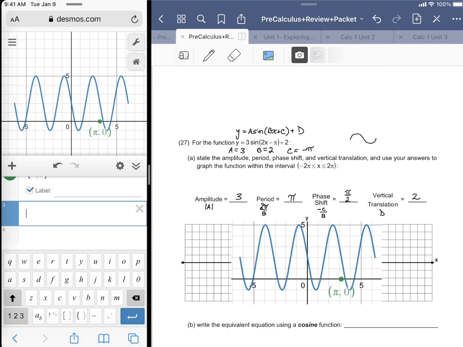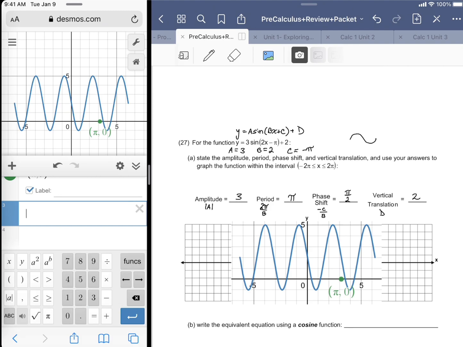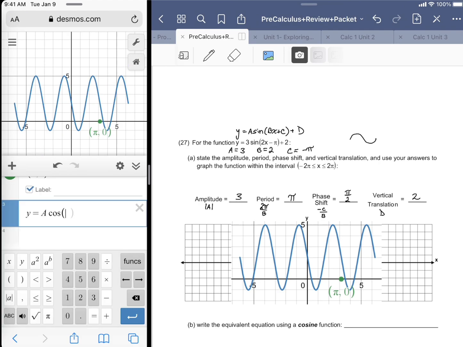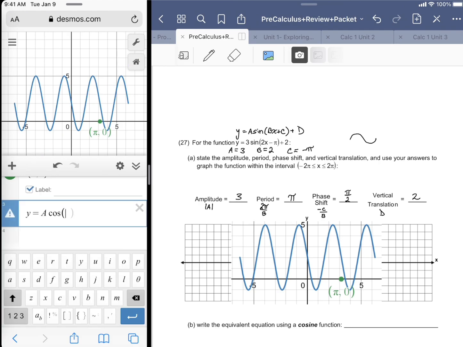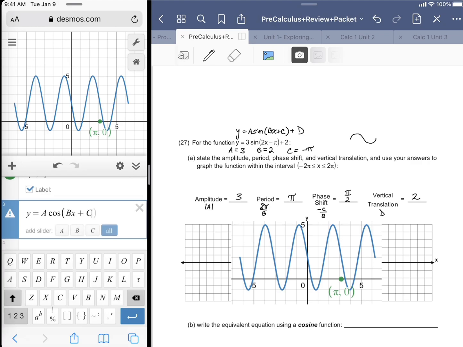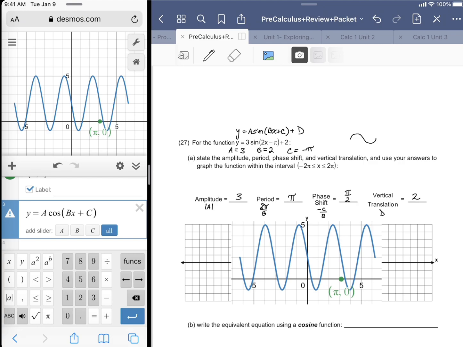So what I mean by that is type in y equals a cosine bx plus c, close it up, plus d.